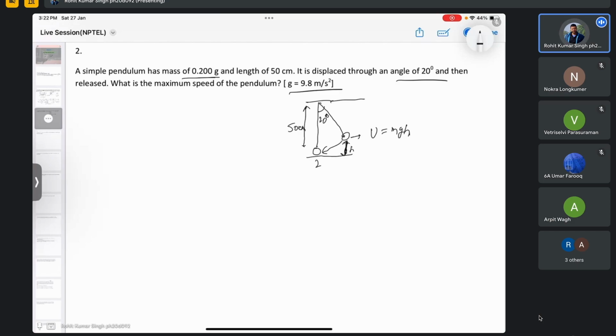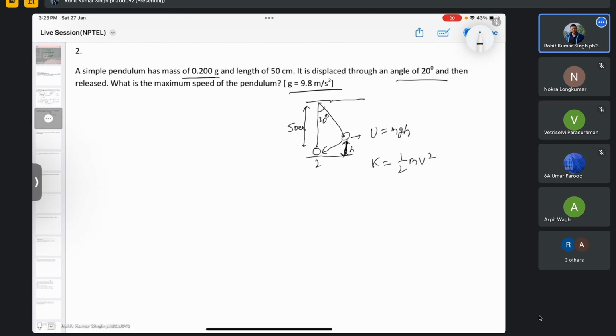Let's call it a small h. This height gives this pendulum its potential energy. If you displace it through a much larger angle, then this h will increase. This potential energy got converted into kinetic energy, which is given by half mv square, and v is the velocity.